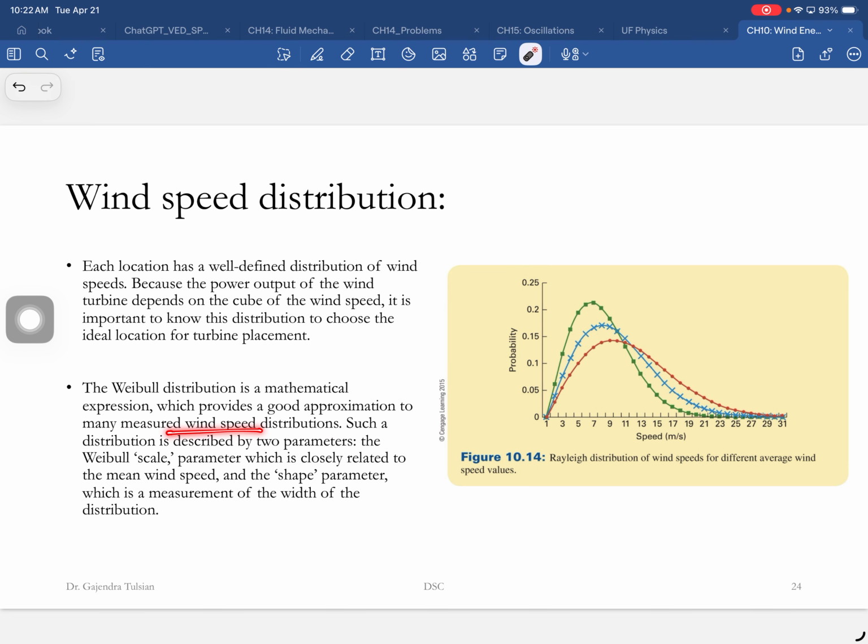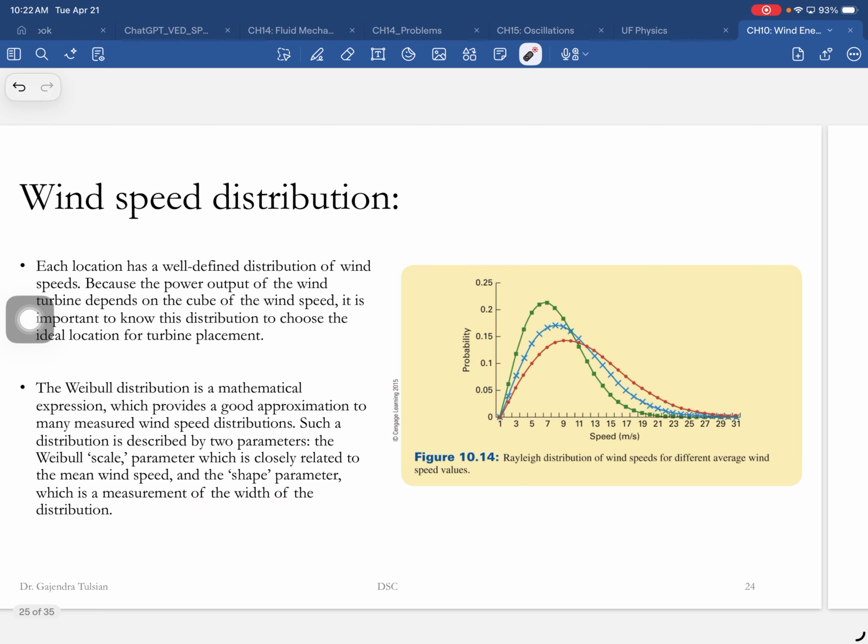Such a distribution is described by two parameters: the Weibull scale parameter, which is closely related to the mean wind speed, and the shape parameter, which is a measure of the width of the distribution.